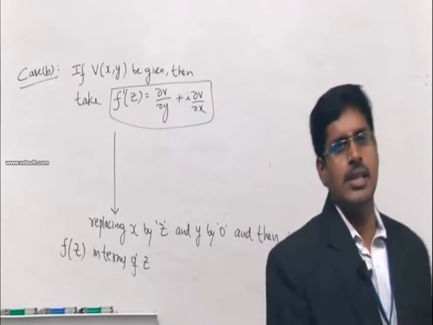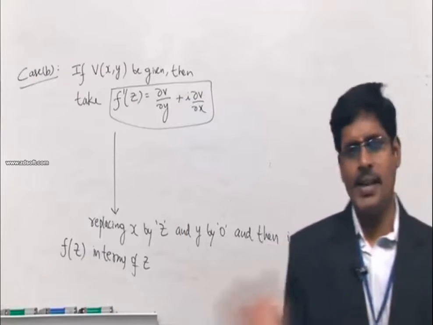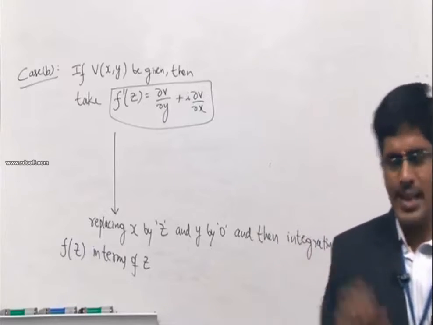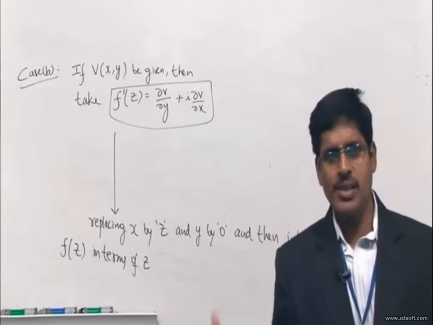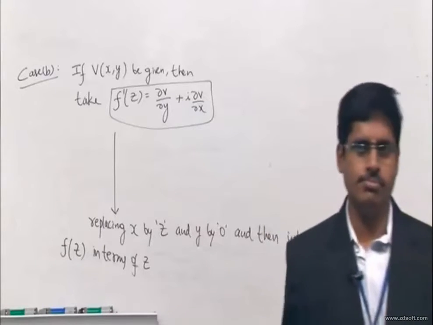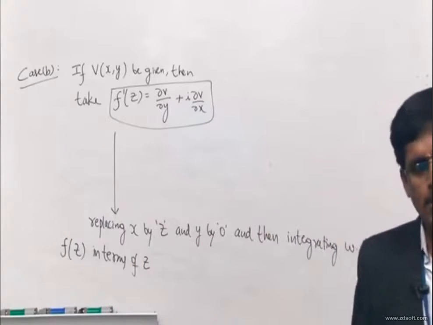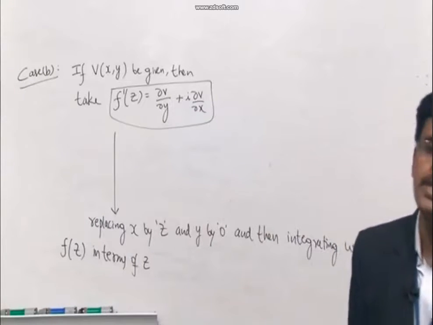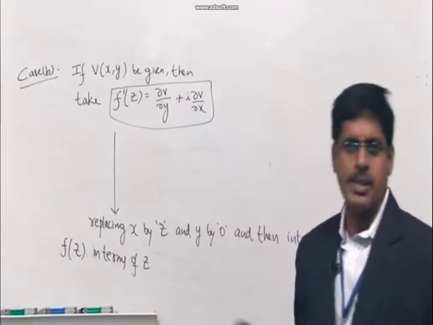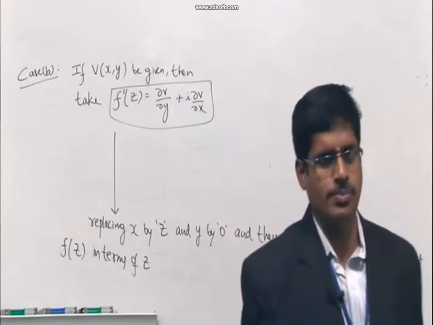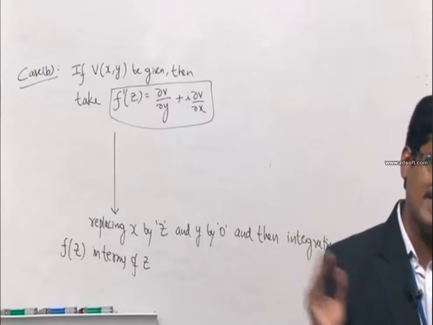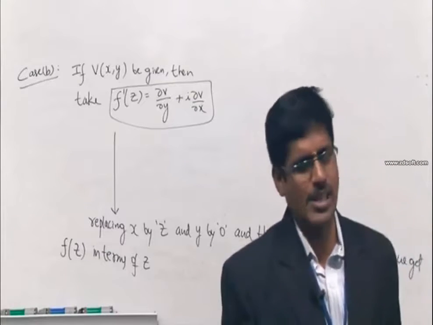See here, after getting f of z, then separate again real and imaginary parts. After taking z is equal to x plus iy, simplifying, you will get u and v, and check whatever you obtained for u or v with the given u or v. If it is matched, then only your f of z is correct, otherwise it is your mistake. Suppose u is equal to x square is given. After applying this method, suppose you get f of z is equal to z square, then write z in terms of x and y, because z is equal to x plus iy.